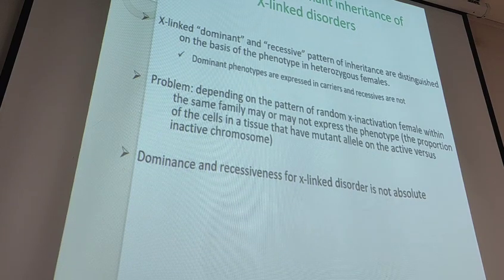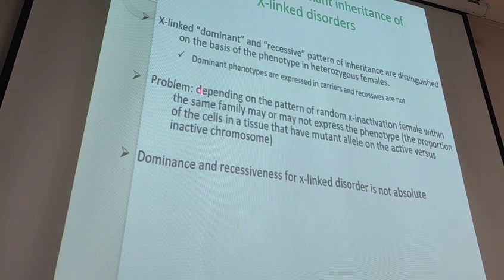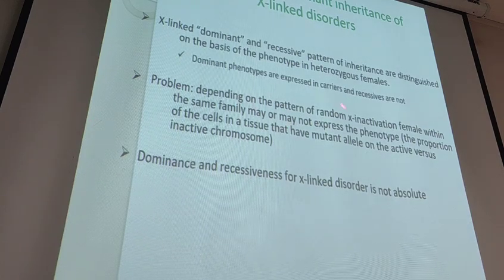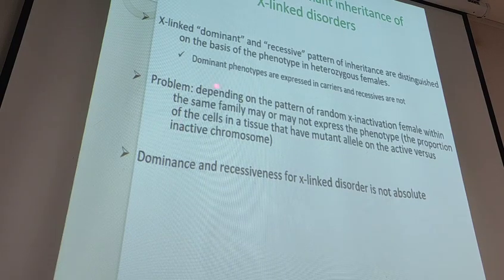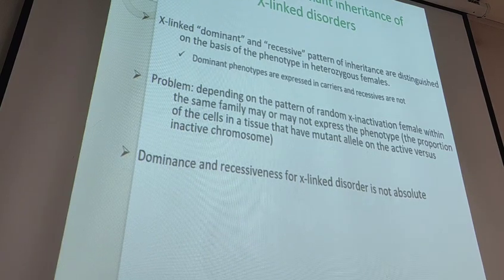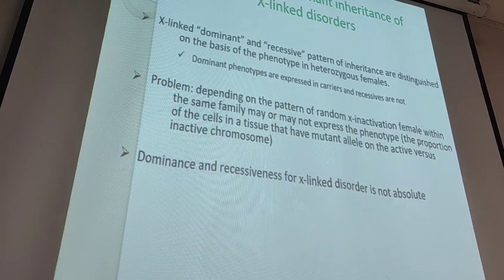X-linked recessive. Okay, and also the problem for X chromosome in females is the pattern of random X inactivation. As I explained for you, maybe within the same families, in one individual mutated X is inactivated, so they will not have the phenotype.